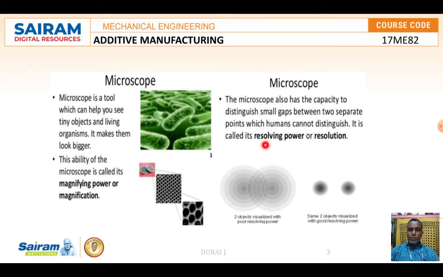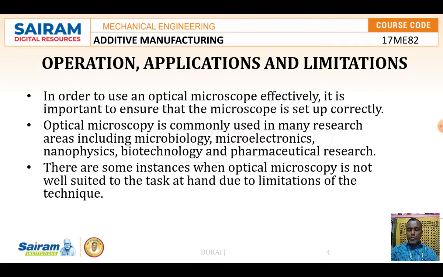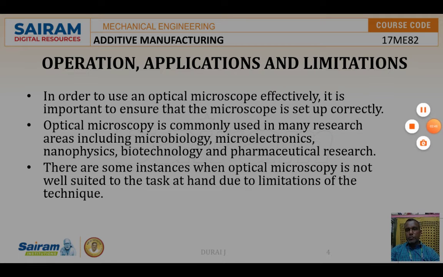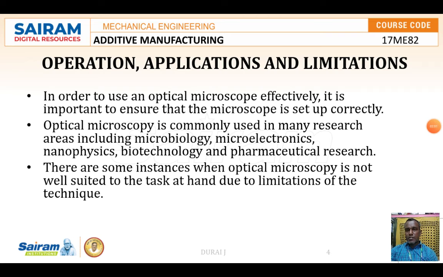We are going to discuss the optical microscope and other things in the optical comparator and mechanical measurement subject. Normally, the applications of this optical microscope are in microelectronics, nanophysics, as well as biotechnology and medical diagnosis.